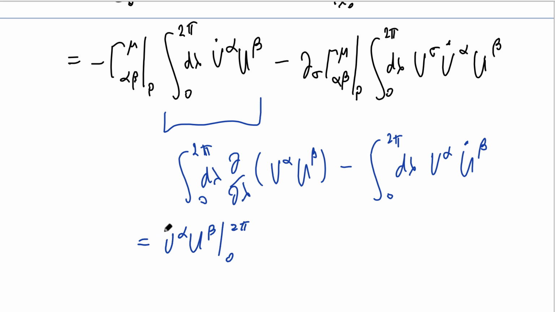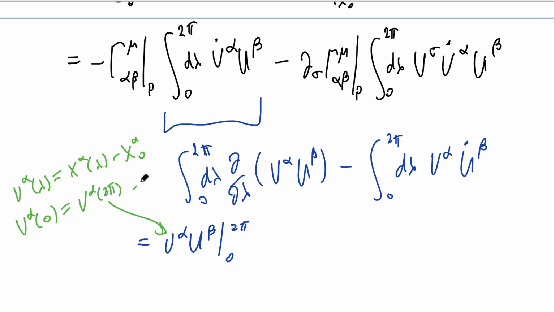But remember, v^α is a function of lambda, and is defined as x^α(λ) minus x_0^α, or x^α at lambda equals 0. So that means v at 0 and v at 2π both vanish. So this first term just gives 0.